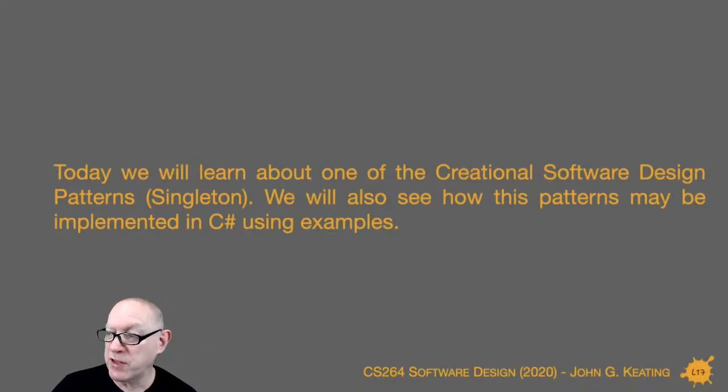We're also going to see how the pattern can be implemented in C# using lots of examples, and there's lots of ways of implementing the Singleton pattern based on the structural description alone. You could do this in Java, you could do it in C++, and we're going to use C# for our examples, of course.